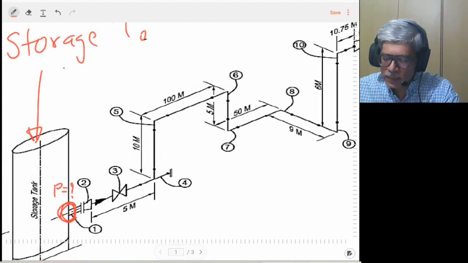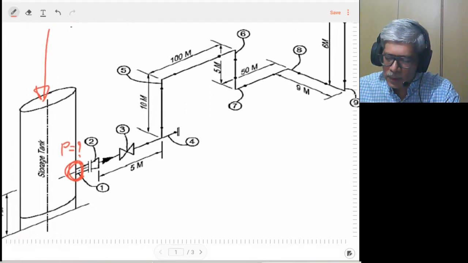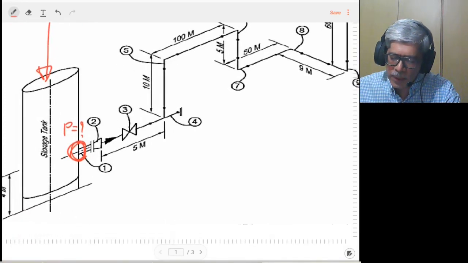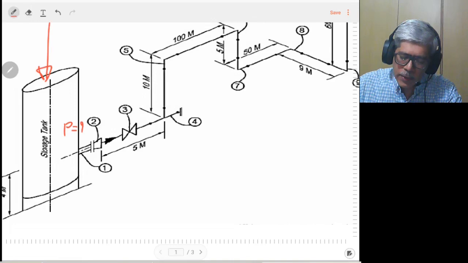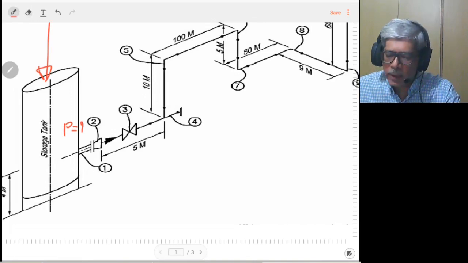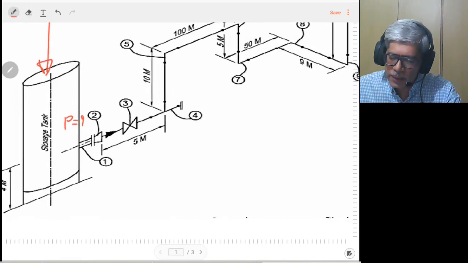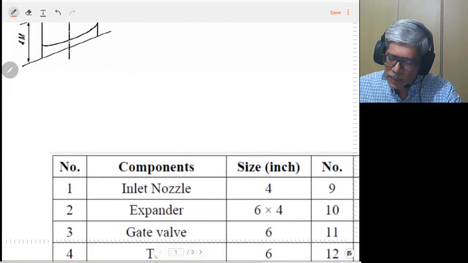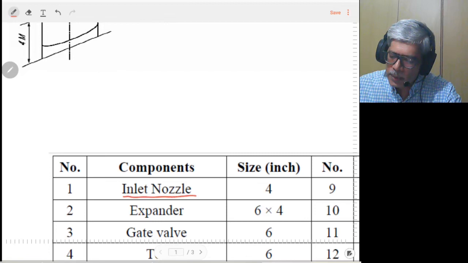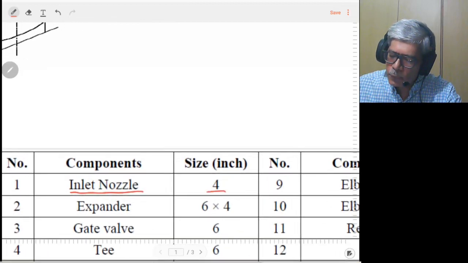Now let's look closely at the data which is provided. So the pipeline begins with the nozzle which is given here. At every element you will find some number is given and the legend is given below. So item number 1 is the inlet nozzle and the size of that is 4 inches.